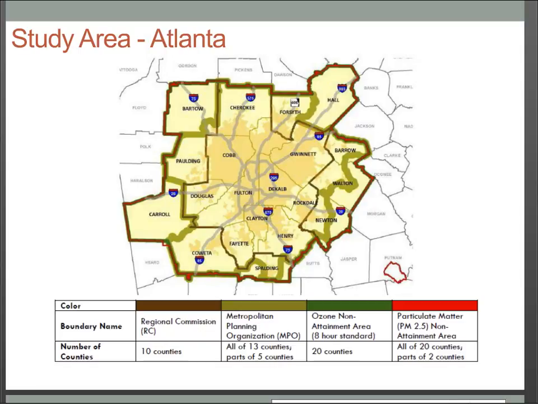I won't get into the details of my statistical modeling, but I will just show you how I use the data, basically, and how y'all can think about using readily available data. So the study area was the 21-county Atlanta region as defined by the Atlanta Regional Commission, which is the MPO for the Atlanta area. And so the red boundary, that's pretty much what I was looking at. Next slide.